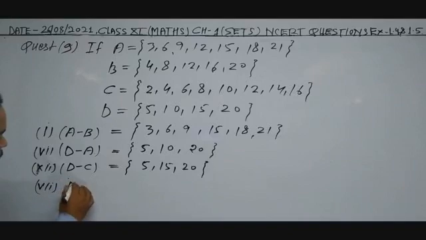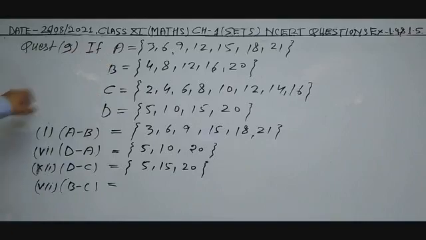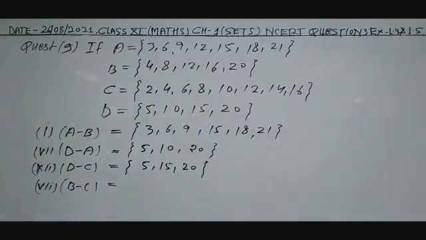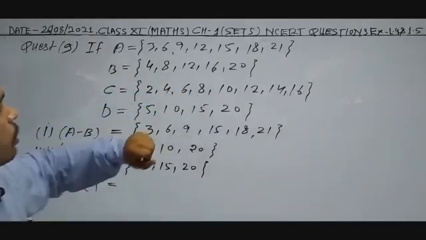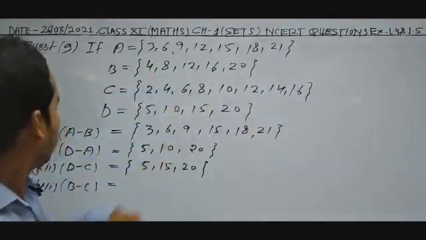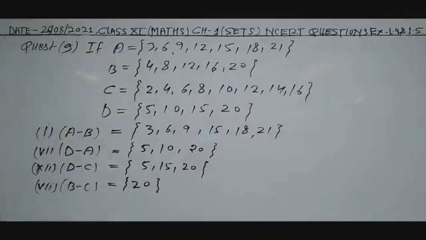B difference C is the set of all those elements of B which do not belong to C. So 4 belongs to C, 12 belongs to C, 16 belongs to C. Also 8 lies in C. So these 4 elements, 4, 8, 12 and 16, lie in C. So only 20 will be here. So B difference C is 20.